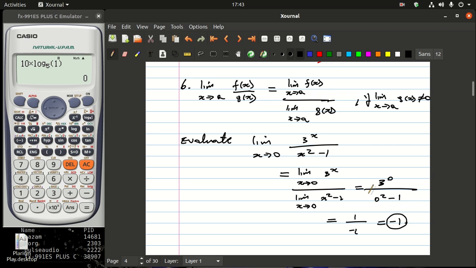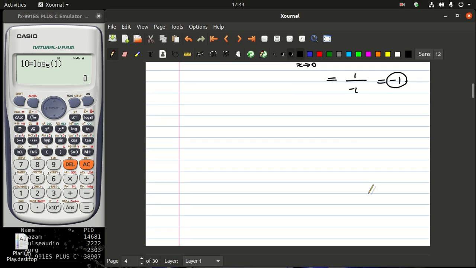If you're not getting it, you might be falling on something else that is also interesting for you to investigate. Another example: I want us to look now at the limit as x approaches 0 of x squared divided by 3 to the power x. I'm actually doing this the other way around.